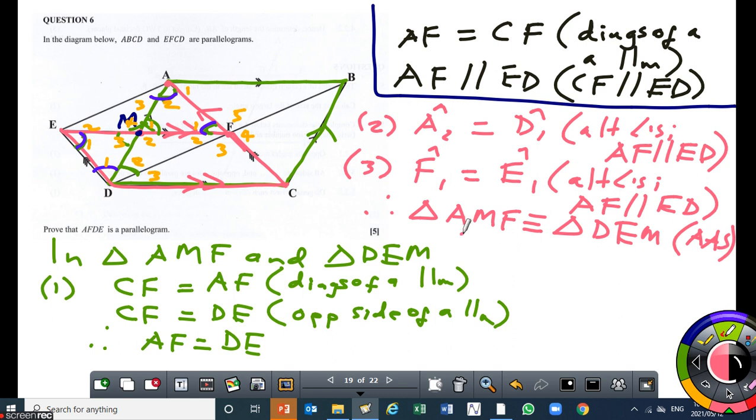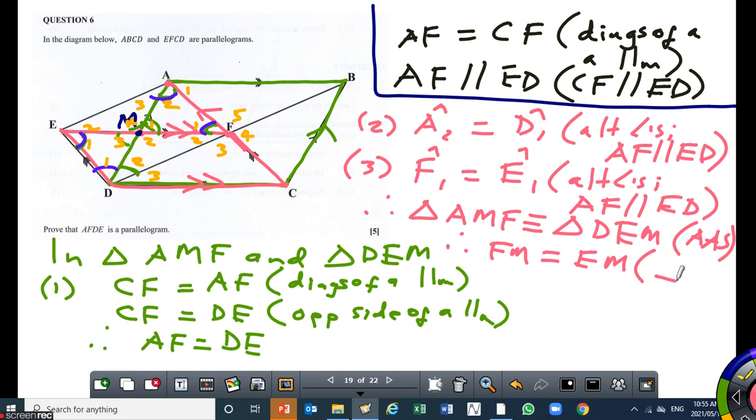If this is true, then I can say, therefore, let me start from the other side, FM is equal to EM. My reason will be congruent triangles. You can also give it like that, it's a shortcut.